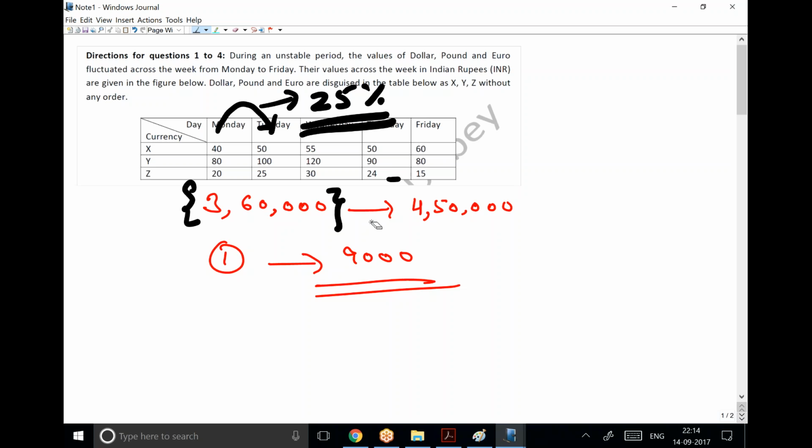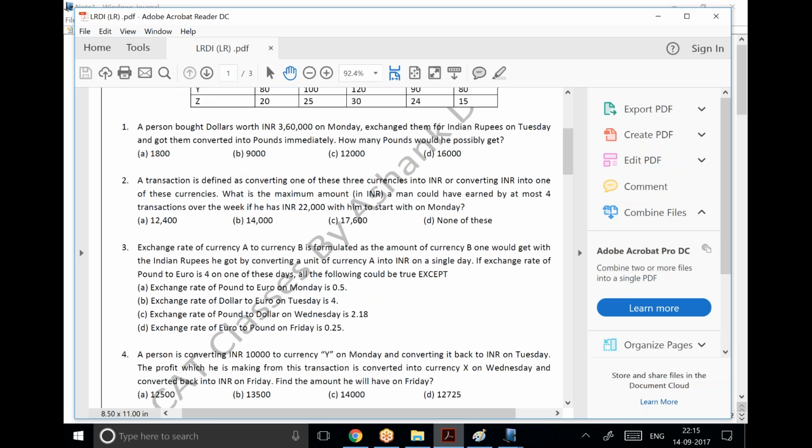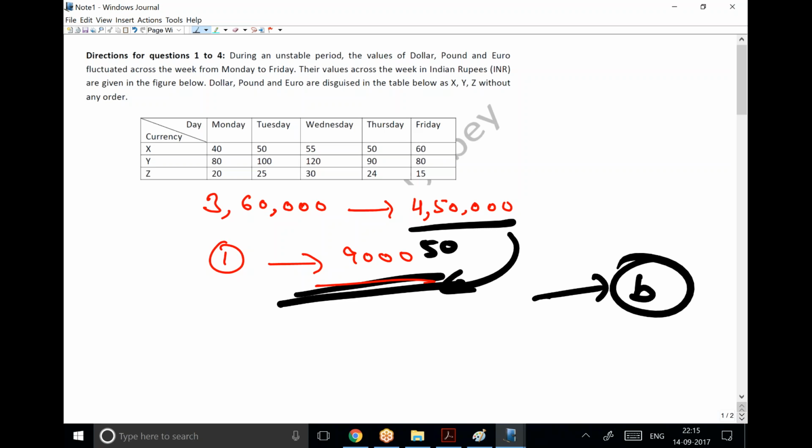Now we have to convert this into pound. It can be divided by either 50 or 100 or 25, depending upon the values. If we divide by 50 here, it comes out to be 9,000, which is exactly what we are looking for. So the right answer for the given question is 9,000, which is answer option B for Bangalore.